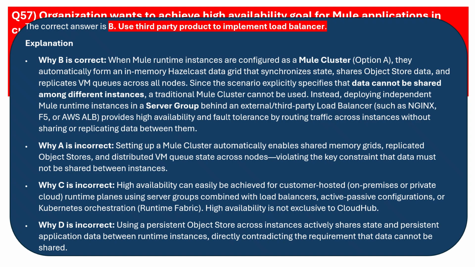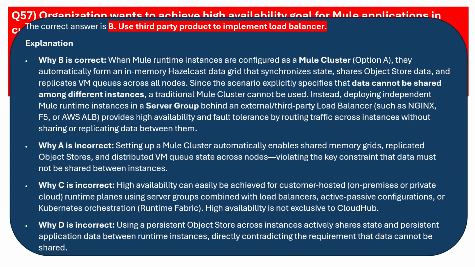The correct answer is B. Use third-party product to implement load balancer. Explanation. Why B is correct. When Mule runtime instances are configured as a Mule cluster (option A), they automatically form an in-memory Hazelcast data grid that synchronizes state, shares object store data, and replicates VM queues across all nodes.